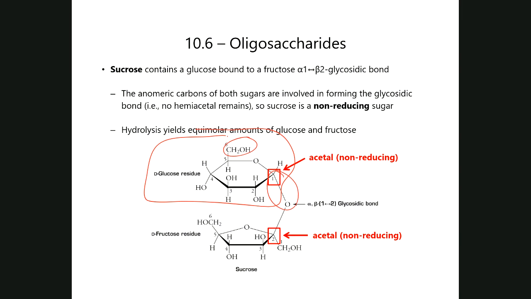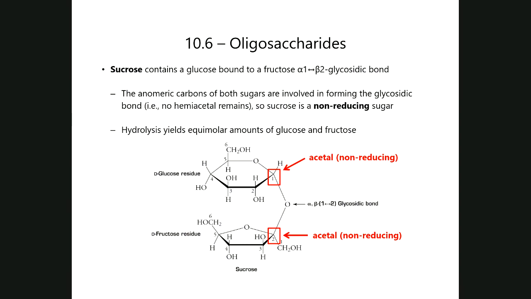But it turns out that the alcohol of the fructose that is being provided to link to the glucose is also the one on the anomeric carbon, i.e. coming from its own hemiacetal. So both anomeric carbons are involved in this linkage.